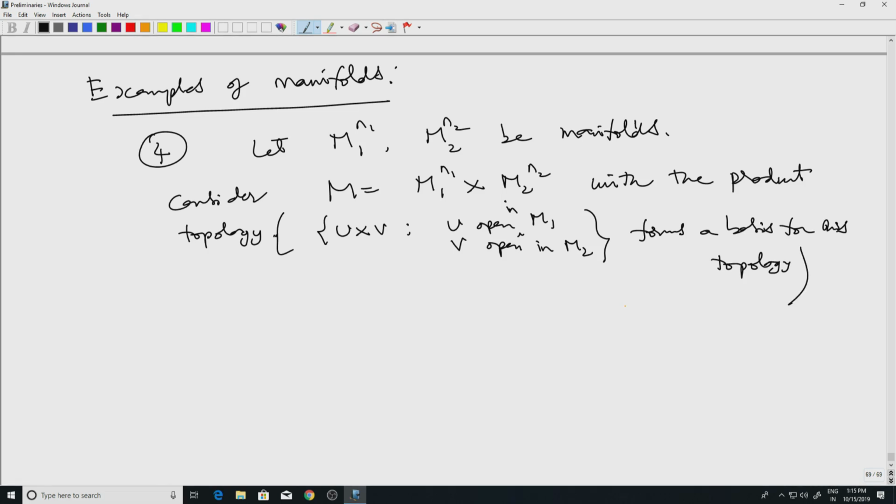That's all that one needs to know about the product topology. So this makes it a topological space.